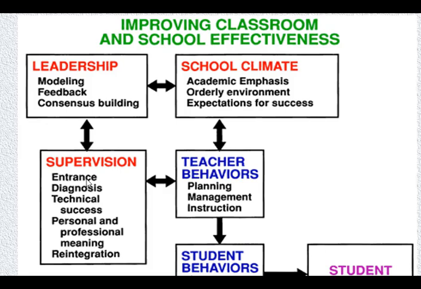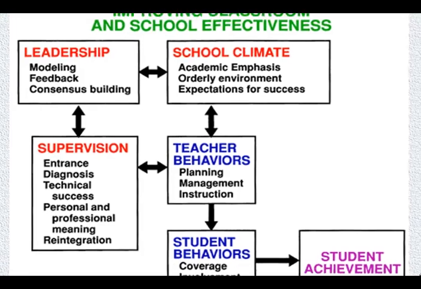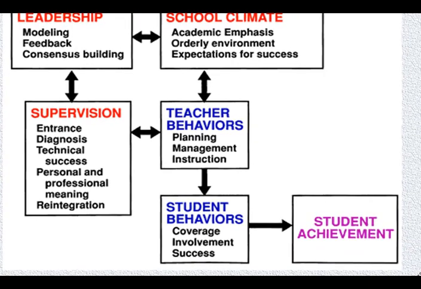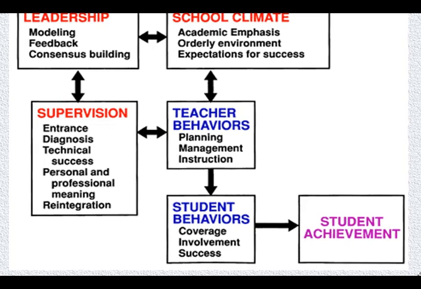And then the supervision and the school climate also go into teacher behavior, which means the teacher is doing the adequate preparation, doing the appropriate instruction, doing the appropriate planning. And these things, of course, influence the student behavior, which means the students' investment and the ability of the students to work hard enough to have the success that they need, which in the end, all of these factors contribute to the ultimate goal, which of course is the student achievement.